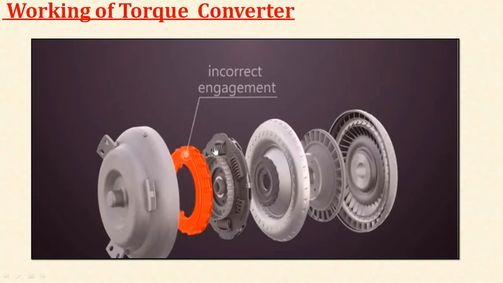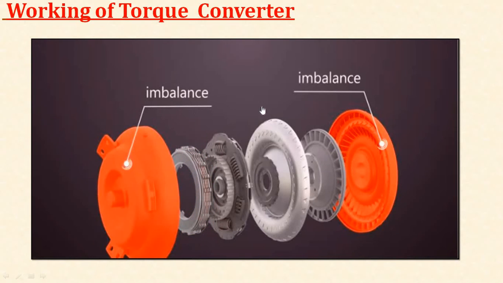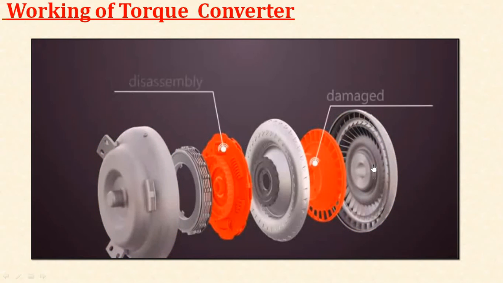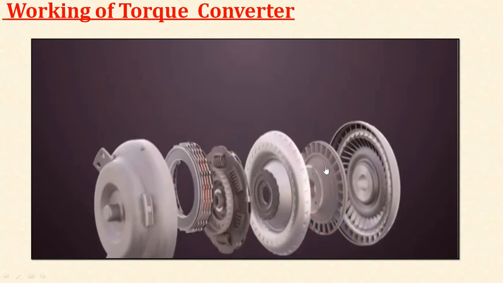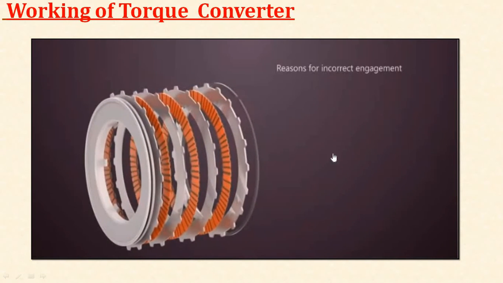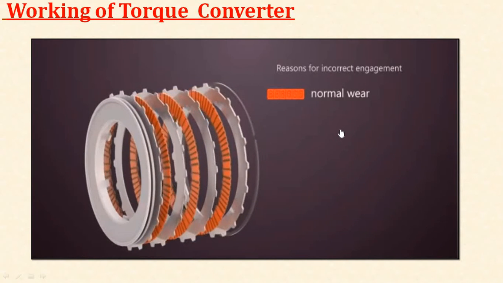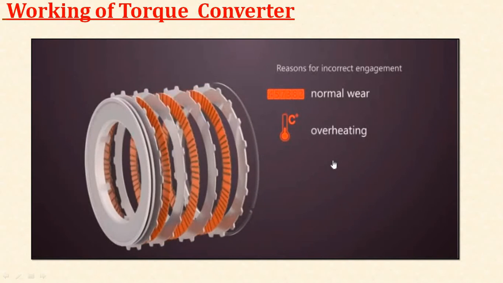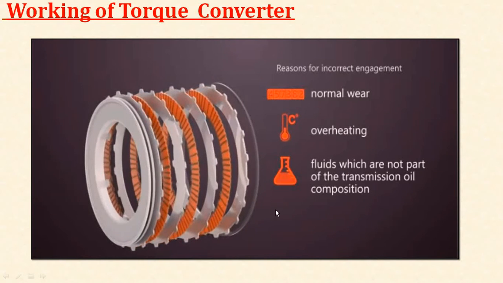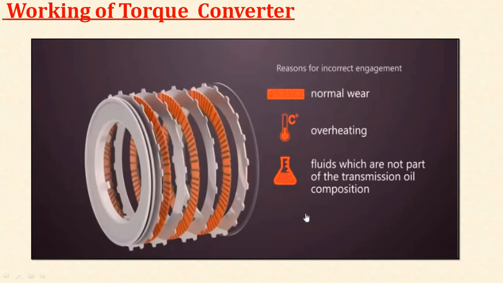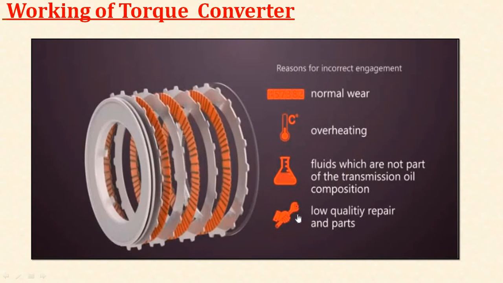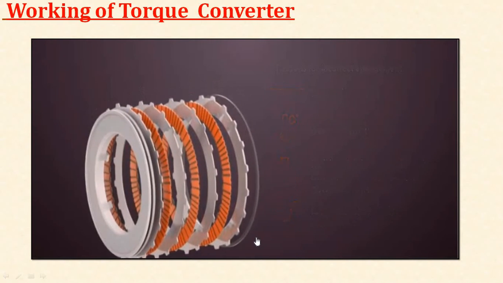Incorrect engagement and imbalance are among the numbers of defects, including damaged bearings. Proper transmission is not done, and the reasons for incorrect engagement are normal wear, overheating, fluid that is not part of the transmission oil composition, and low quality repair and parts.